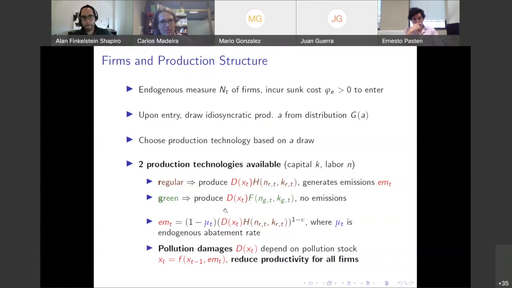Yeah. Sorry, Gonzalo Garcia here. Hey, Gonzalo. Hi, Alan. I have a question related to the damage function, because we usually think about the damages of CO2 accumulation as a global issue, right?